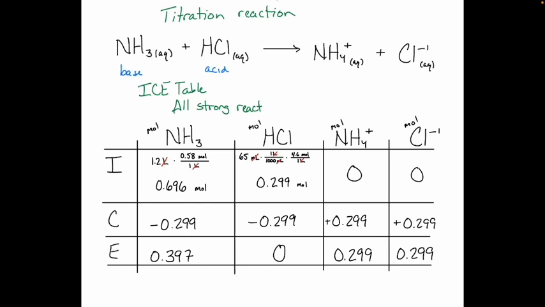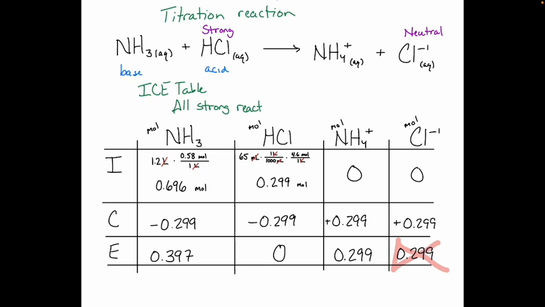Now, importantly, the conjugate of a strong acid is just neutral. I do not care about how much chloride ion I have in this solution. I can calculate it, that's all well and good, but in terms of my pH, it's not going to influence my pH at all.